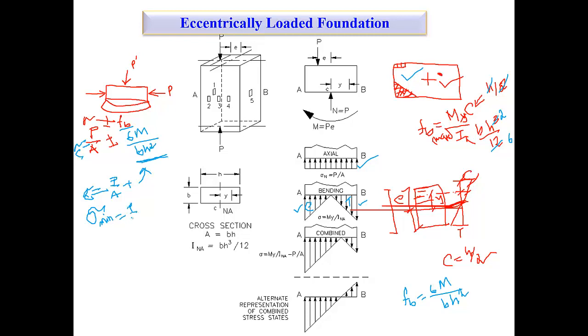P by A minus this one, right? You understand this part? Is it the minimum stress? Yes, sir, the minimum stress in the combined situation. The first one is the maximum combined stress.